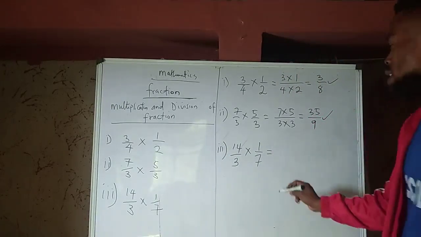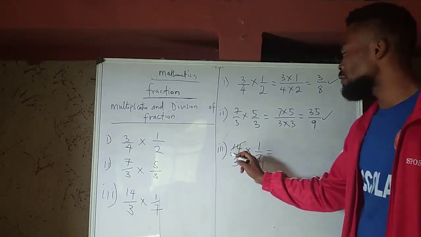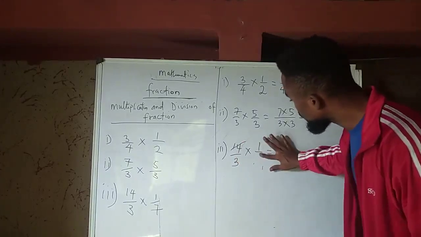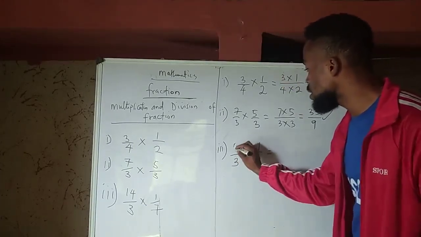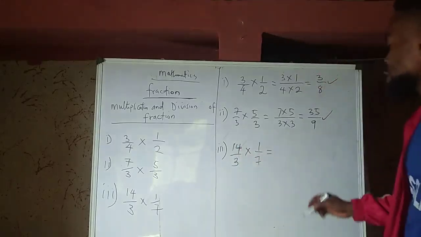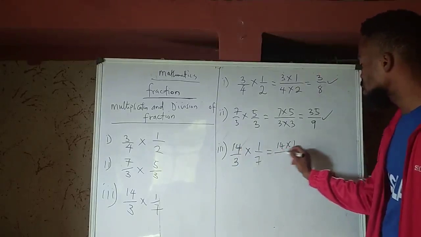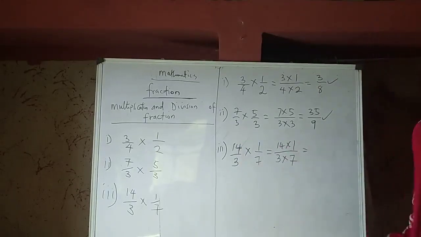So what works here is, now actually look at this, here is 7, right, and here is 14. If we go through our normal procedure of saying 14 times 1 all over 3 times 7, this is going to be perfect, right?